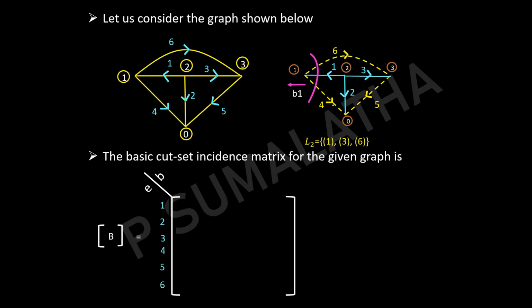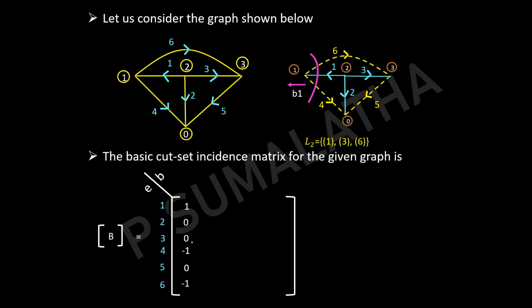So 4 and 6 are leaving the node, so these 2 elements carry -1 and 1 carries positive. So first element 1, fourth element -1, sixth element -1. Only these 3 elements are incident to this basic cut set, so those values alone will be nonzero. Remaining values will be zeros. That is what the definition says.